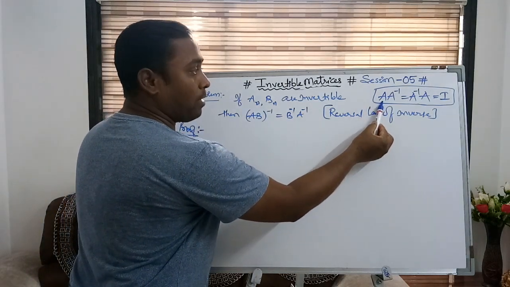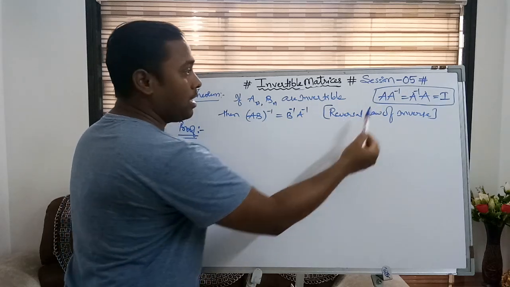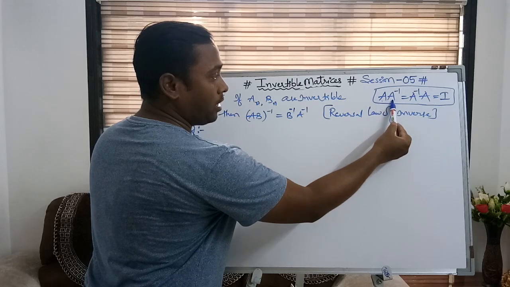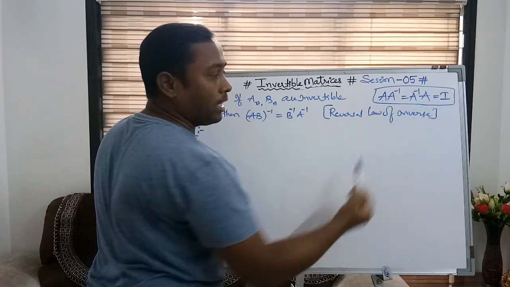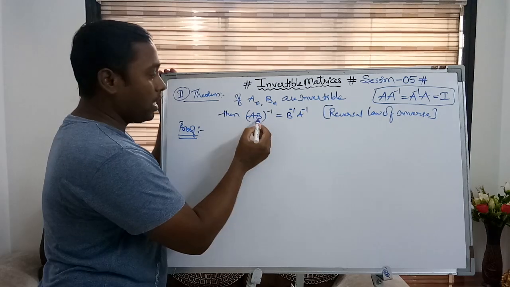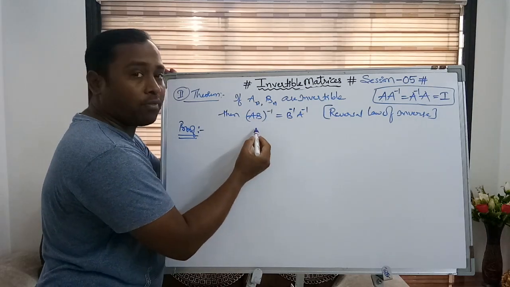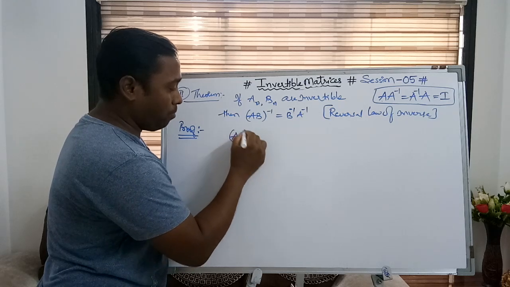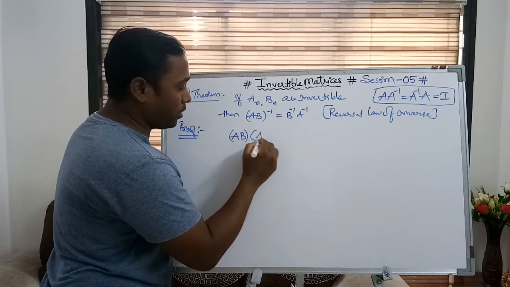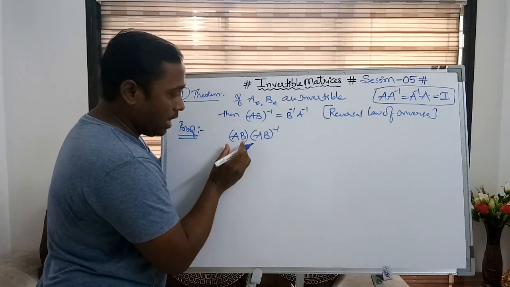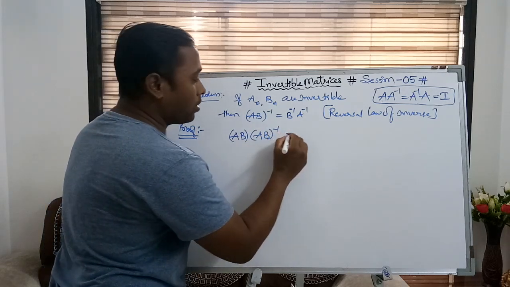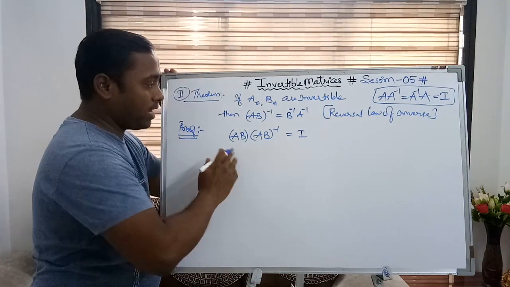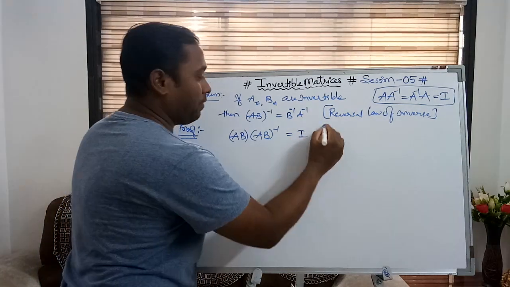If A is a square matrix whose inverse exists, then the product of the matrix and its inverse always gives the identity matrix. So AB is a square matrix only, and I can start the statement like this: a matrix and its product with its inverse, AB into AB whole inverse, must be equal to I. Correct? So I started with the definition.